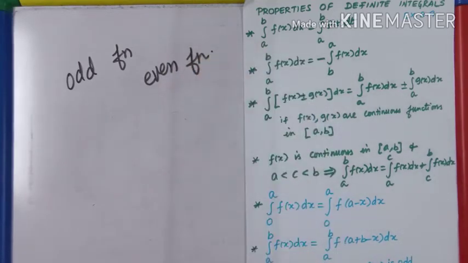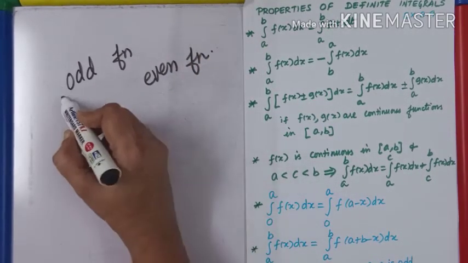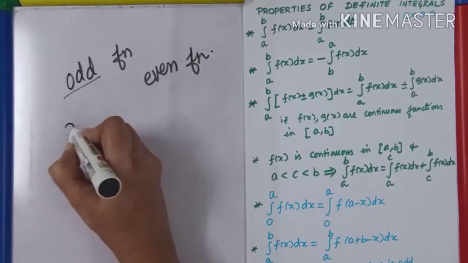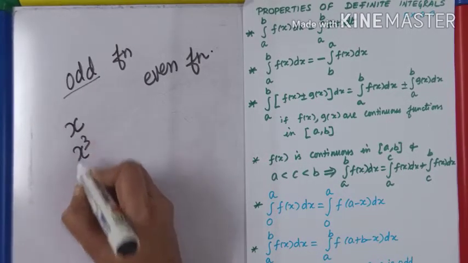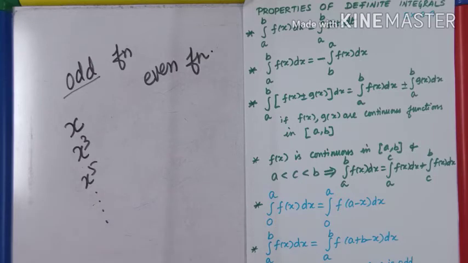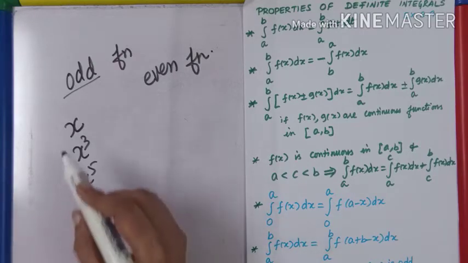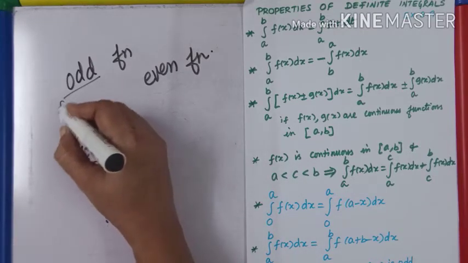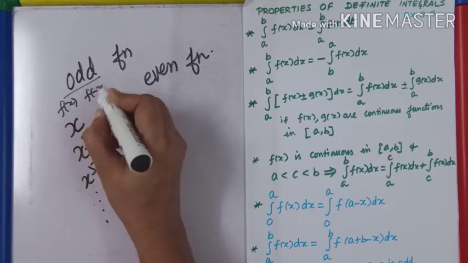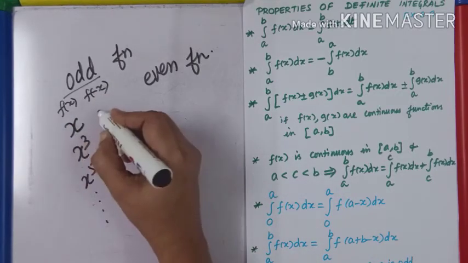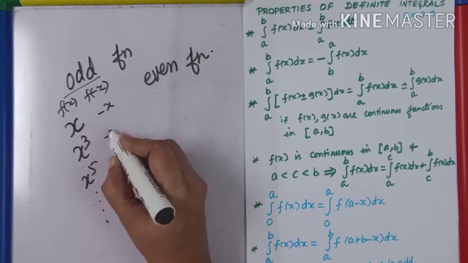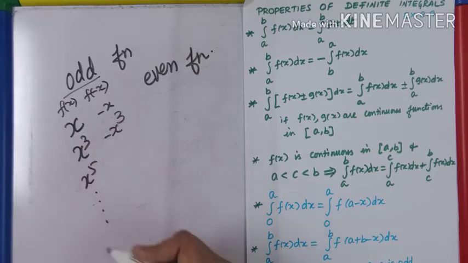We have already learned about these things in standard 11. Anyway, let us recall. Suppose my question is x, x cube, x power 5 and so on. Wherever x is coming, if I replace it with minus x, this will become minus x. Minus x the whole cube is minus x cube.